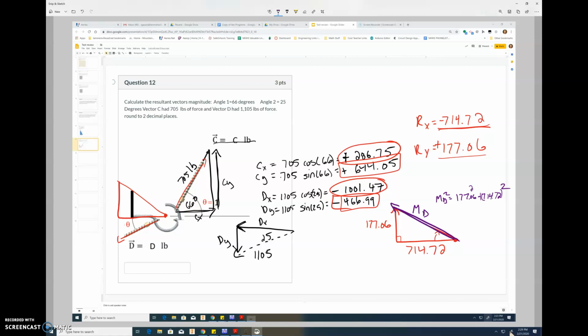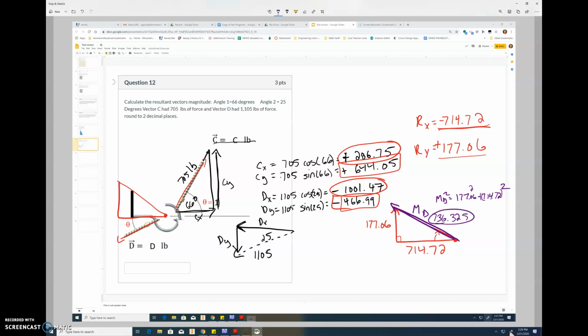When we find that value, I'm getting 736.325. And that should be the magnitude of the resultant vector.